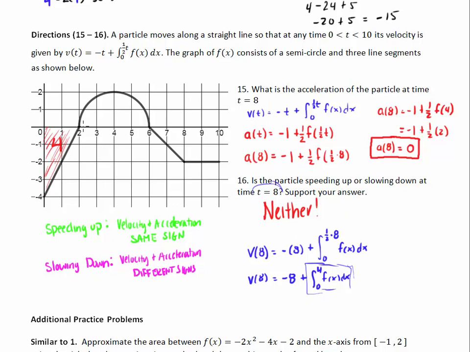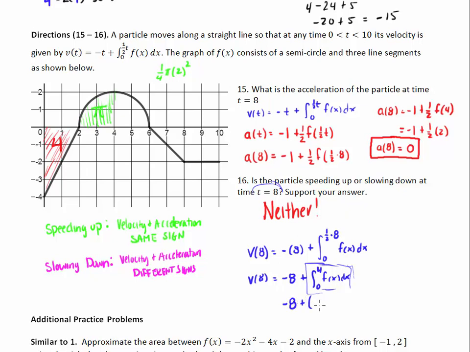And then this part of the circle, all the way up to 4, we're looking at a quarter circle. So that's 1/4 pi times the radius squared. The radius in this case is 2. 2 squared is 4 times a fourth is 1. So this is pi units. So we have negative 4 plus pi. Pi is 3.14. So that's going to give us a negative value, just barely, close to a negative 1, right? So we have a negative 8. I guess I can just write it out here.